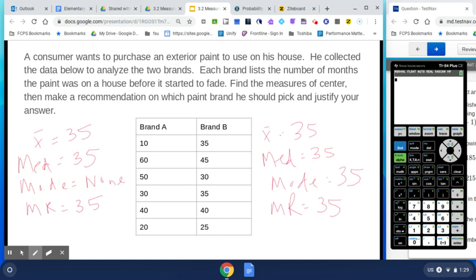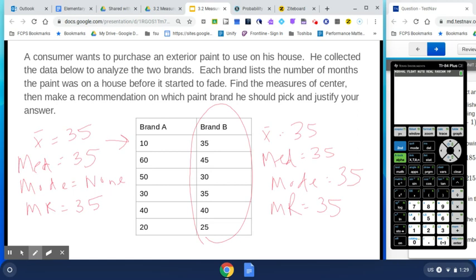So thinking about a recommendation for this consumer, personally, I would pick brand B paint. Taking a look at the distribution, the numbers are more reliable, more consistent, where brand A, you're really not sure what you're going to get with brand A. Your house could start to fade in less than a year, 10 months.